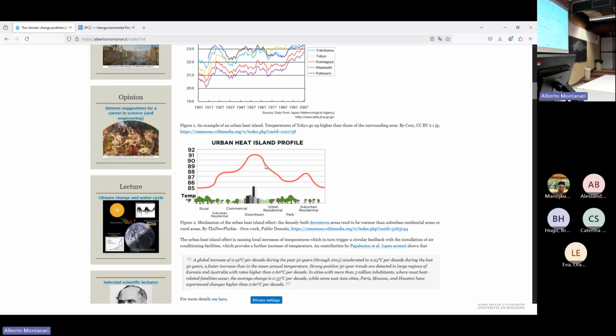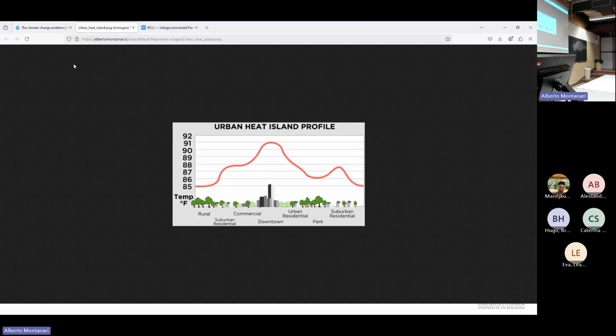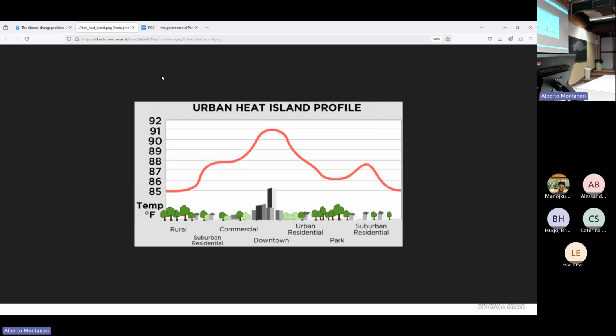Okay, the other figure that I wanted to show you is this one. So this is a graphical representation of the so-called heat island effect. So in the cities, you have a higher temperature than in the surroundings.